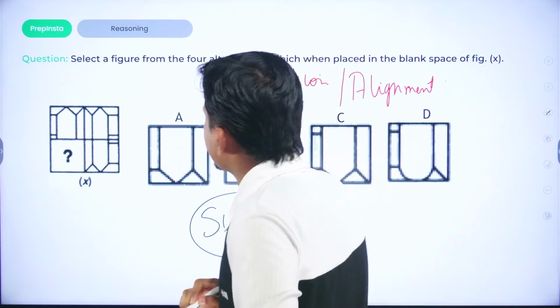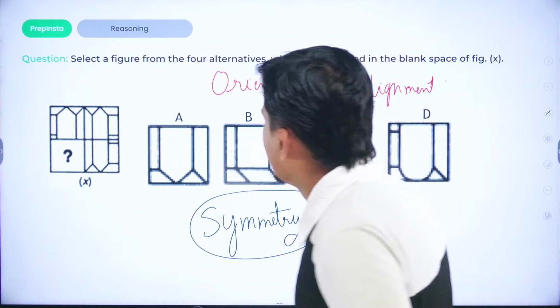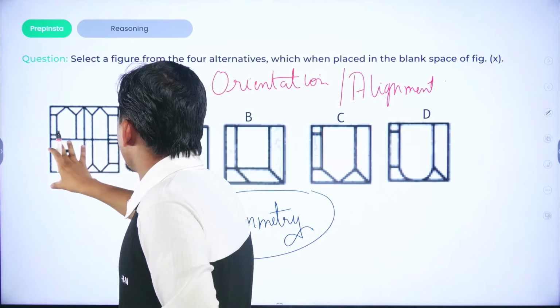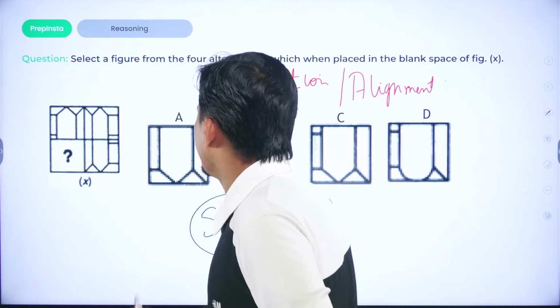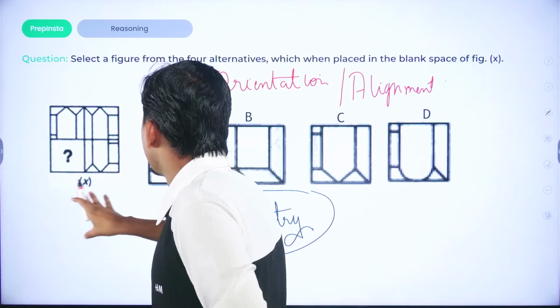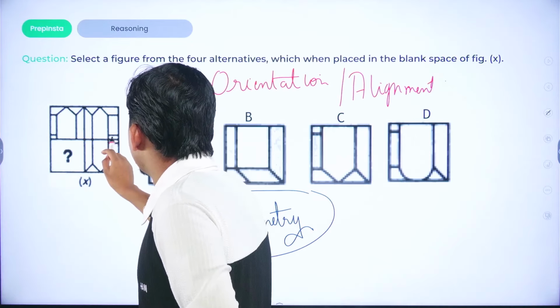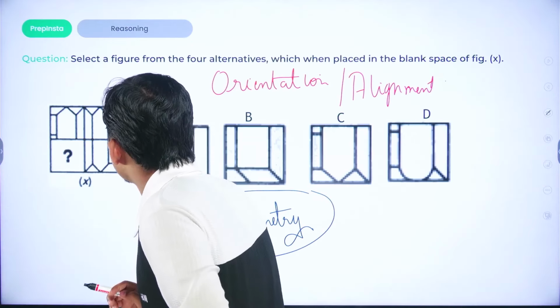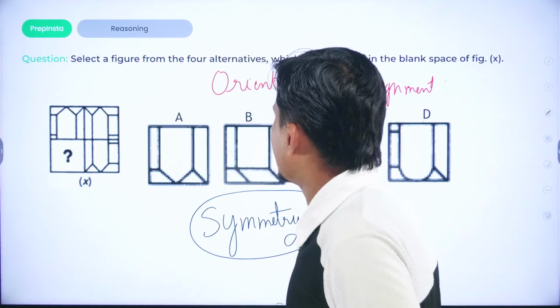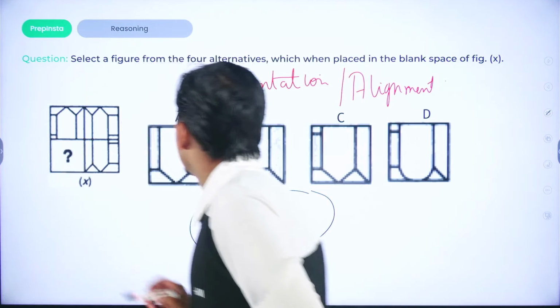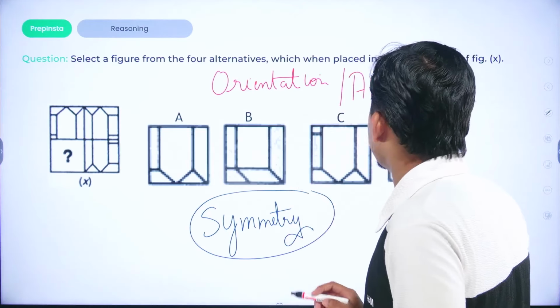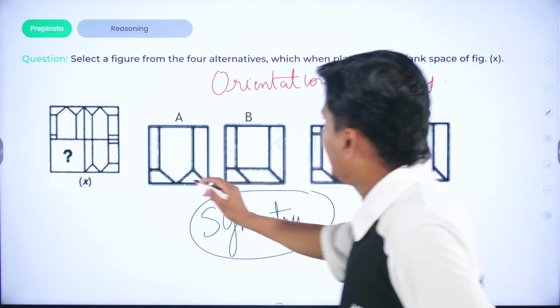अब देखो alignment कैसे work करेगा. All we have to check is which of the options could fill this particular place. So there is a perfect diagram, that means at the end of this particular diagram there should be one line. So let us see which of the following has just a single line here.